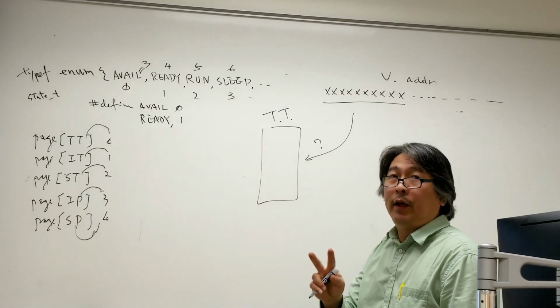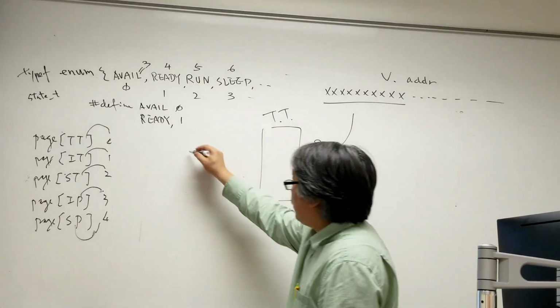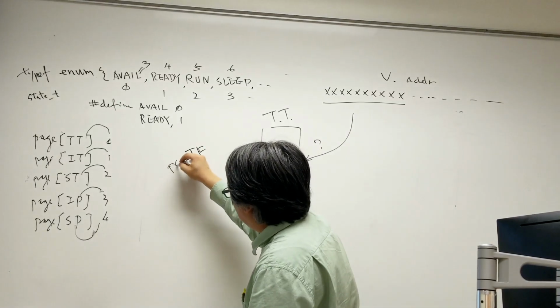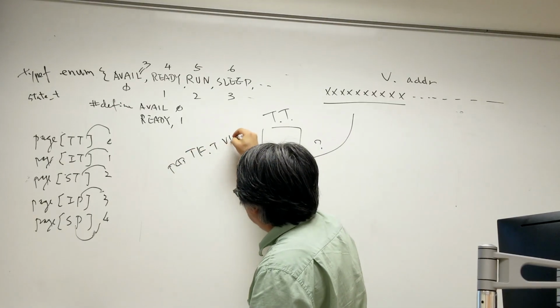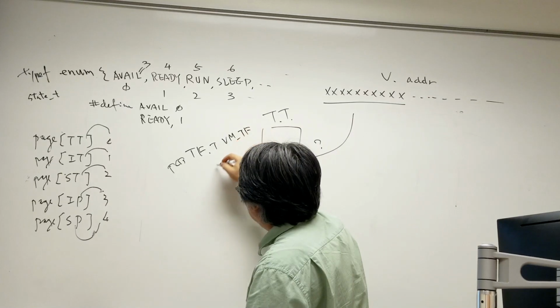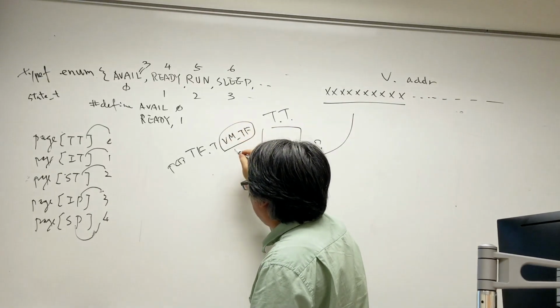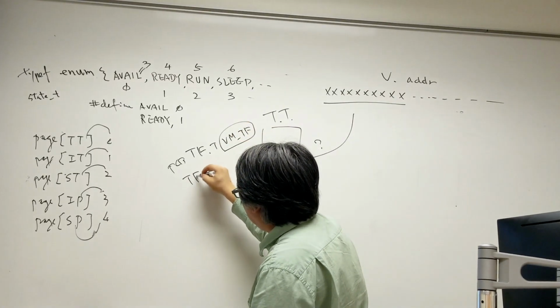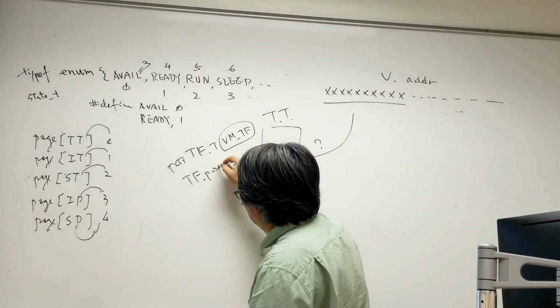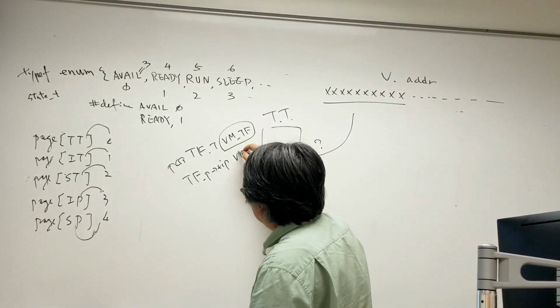And we have 2 very big virtual addresses: the traffic pointer in the VNTF, that's one big one, and in the traffic, EIP is a VM star.